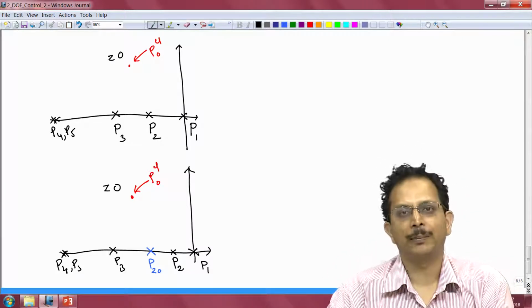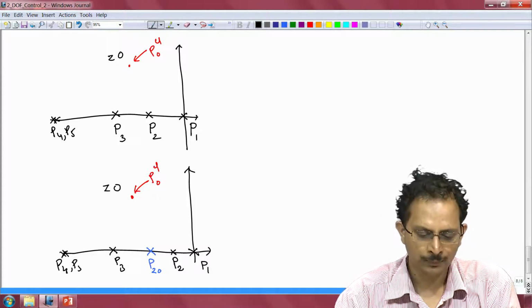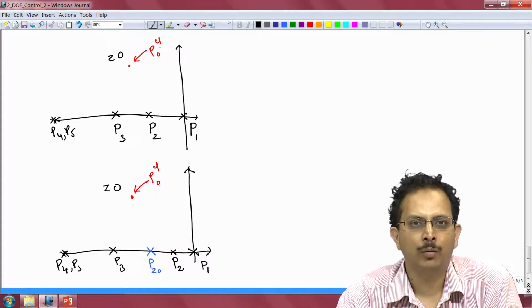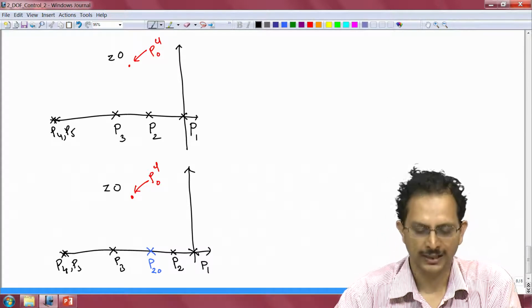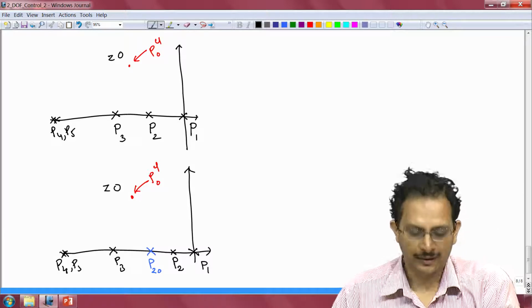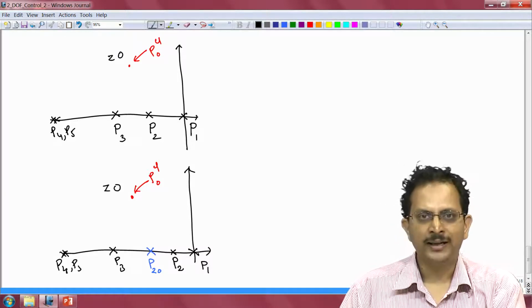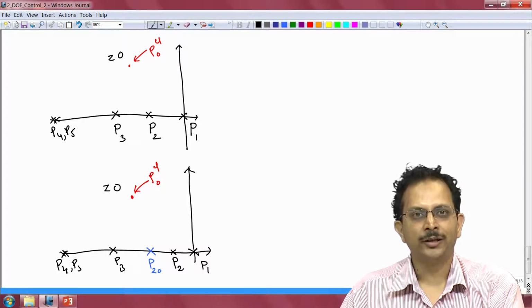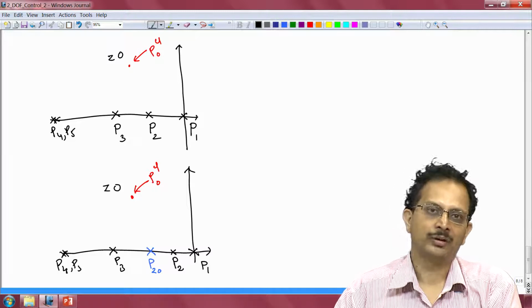There is going to be a point Z bar, but that has not been shown here for the sake of convenience, and the point PCL naught, where we want the nominal closed loop pole to be located, has also been indicated. So, the second graph here shows the exact same thing as the first graph, with the exception that in the second case we assume that the pole location P2 can vary.